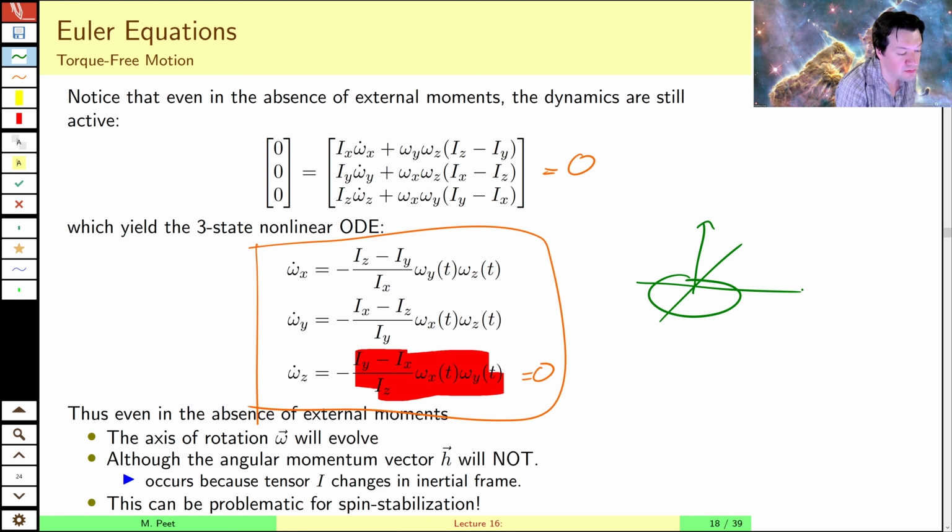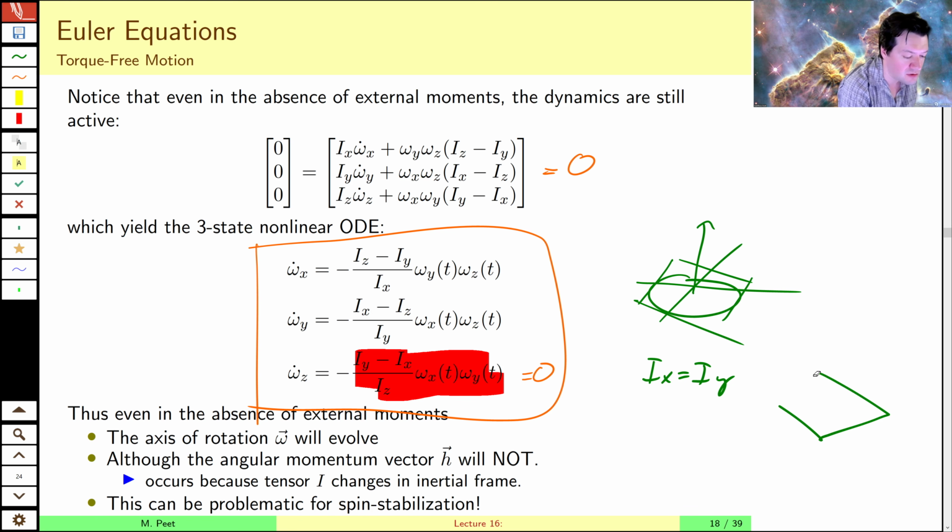And in those two planes of symmetry, so there's no cross terms, then the Ix and the Iy principal moments of inertia are the same. So Ix equals Iy.